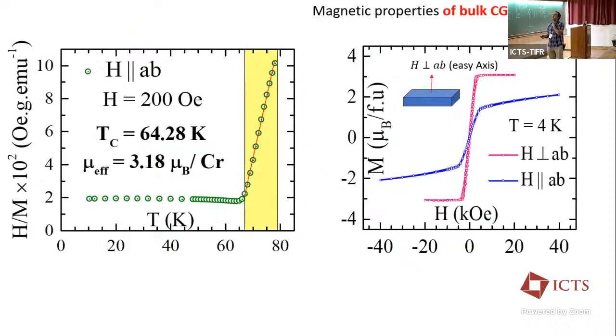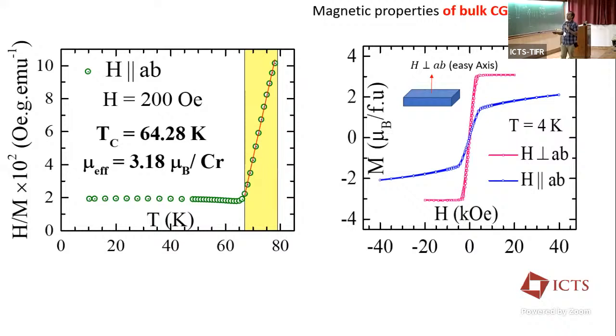And the basic measurement, for the moment I'll show you, is magnetization measurements. So you have the magnetization versus field, which is measured, for example, here at 4 Kelvin, for H parallel to the C-axis and H perpendicular to the C-axis of the crystal.